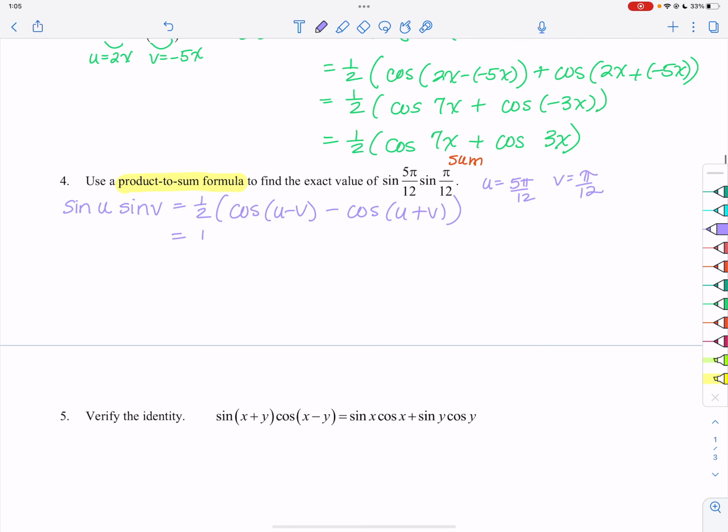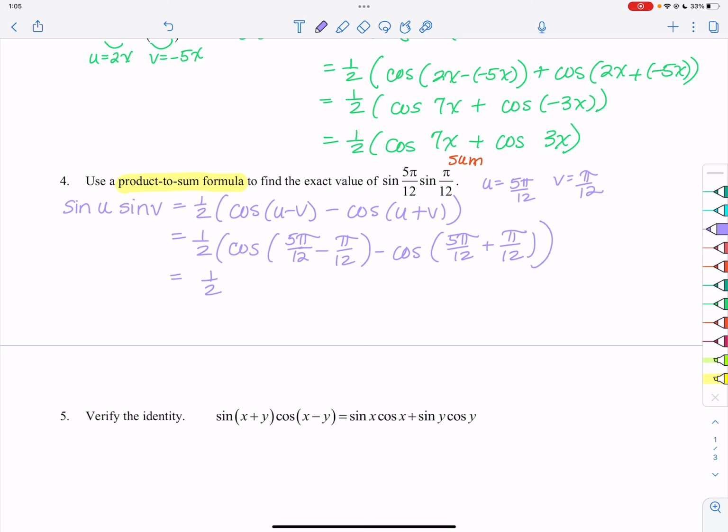And that's equal to 1/2 the cosine of 5 pi over 12 minus pi over 12 minus the cosine of 5 pi over 12 plus pi over 12.